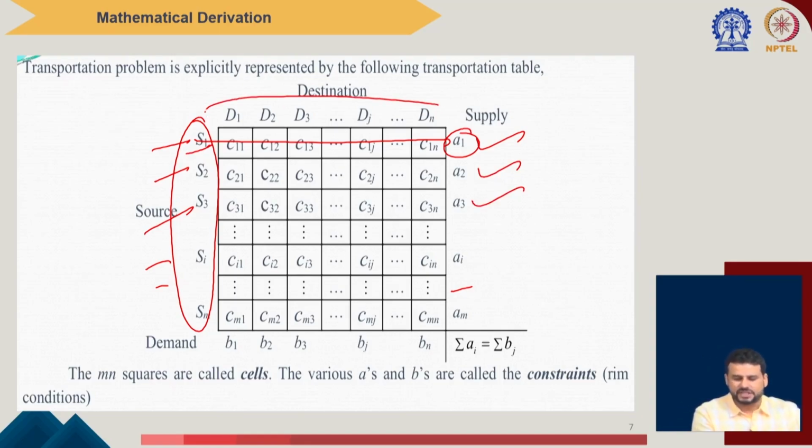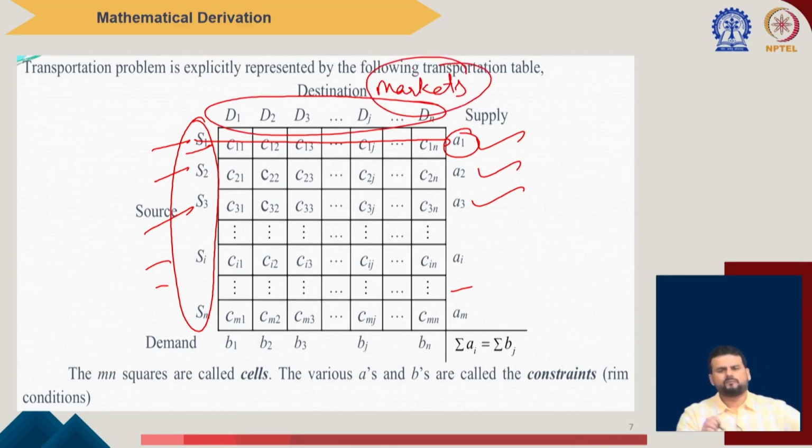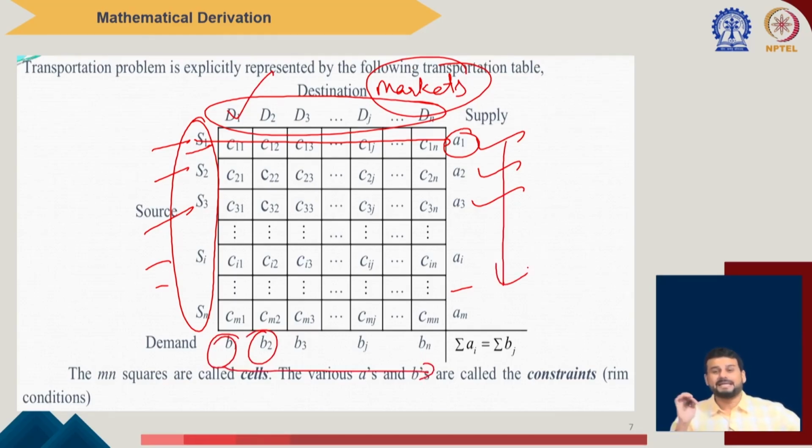These are destinations, you can say these are the markets from where the demand is coming, or order fulfillment centers, retail locations, whatever you can call them. Demand from market 1, or destination 1, is B1, demand from the second is B2. These are known. This is what we were saying: the supplies are known and demands are known.